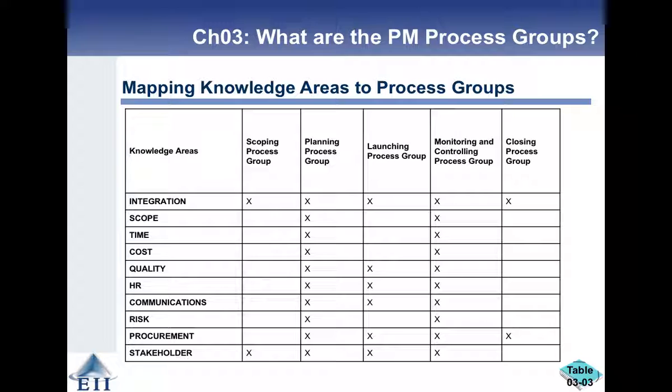In stakeholder management, we probably need to do at least the first 4, maybe the last one as well. Procurement, we don't need to do any procurement in scoping, but we do need for most of the others. And then we need to have information about all of these different management areas for planning and all of these different management knowledge areas for monitoring and controlling.